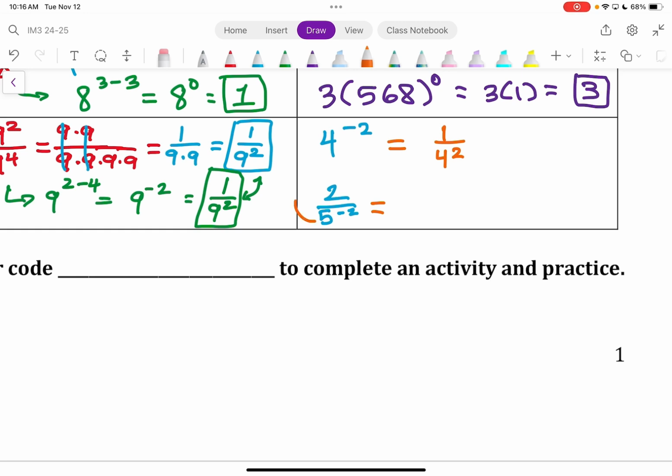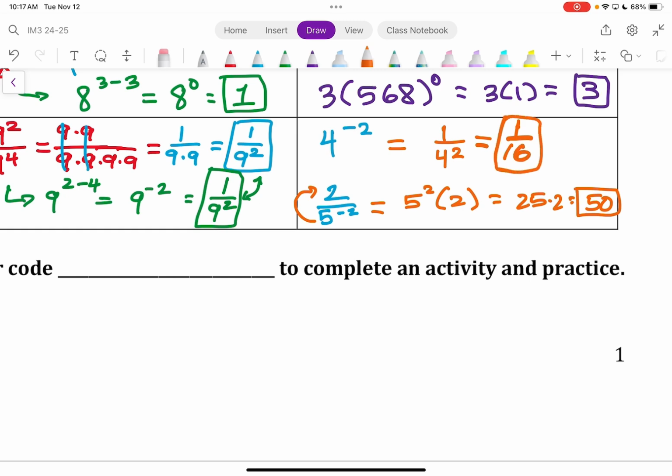So that becomes 5 to the 2nd times 2, which if I were to evaluate this, I would get 25 times 2, which is equal to 50. Same thing with the first one. If I wanted to evaluate it, 1 over 16 would be my solution.